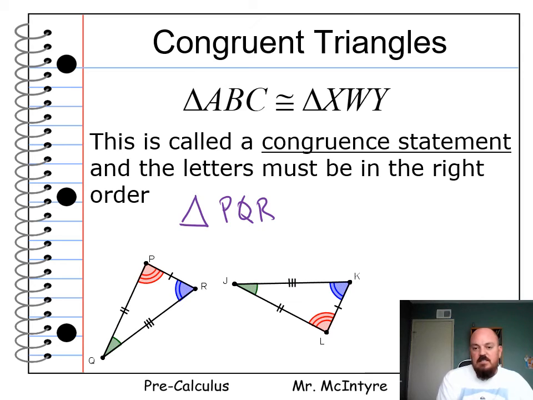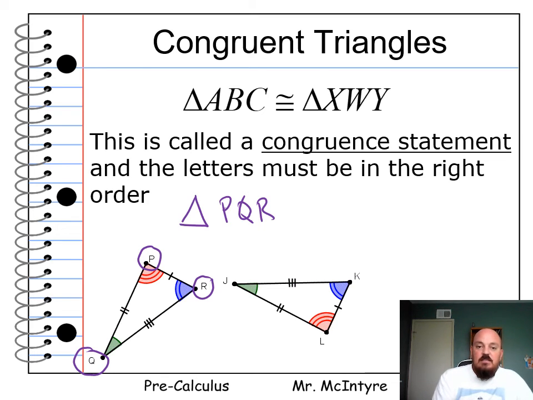When I say whatever you want, I mean take the 3 letters of the triangle and put them in whatever order you want. So it has to be the letters P, Q, and R, but if you wanted to, you could have called it RPQ or whatever. But they do have to be the 3 letters from the triangle.